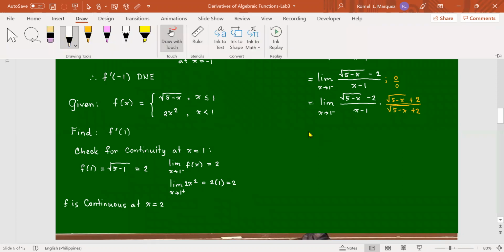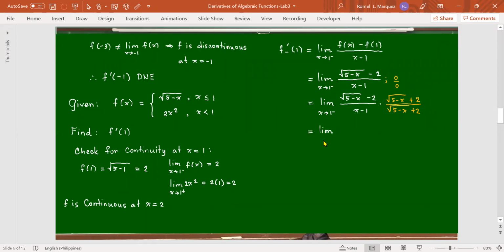The numerator now becomes 5 minus x minus 4, all over x minus 1 times the square root of 5 minus x, plus 2.